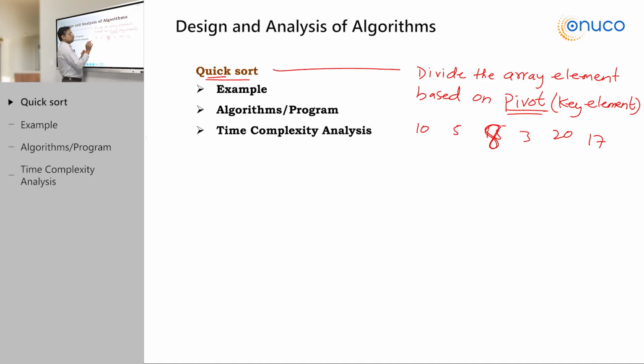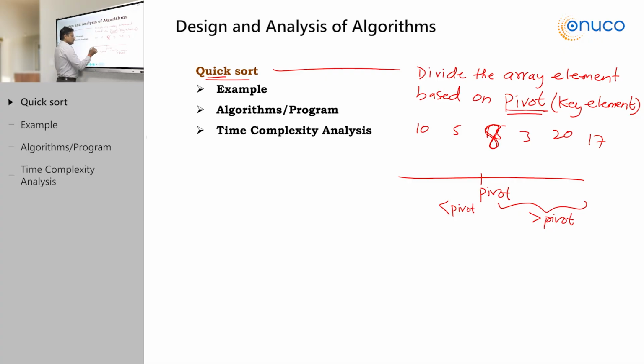Once you use a pivot element, the pivot position is where all the elements on the right side will be greater than the pivot element and all the elements on the left side will be lesser than the pivot element.